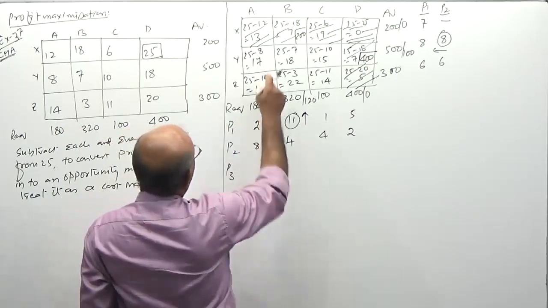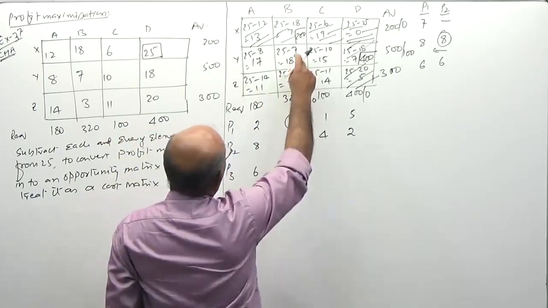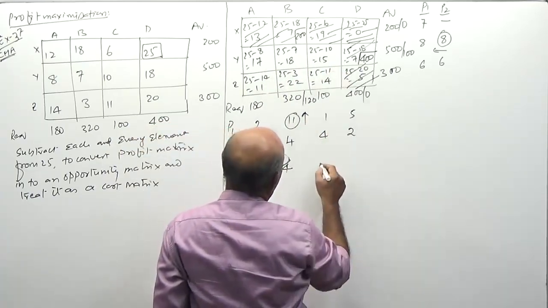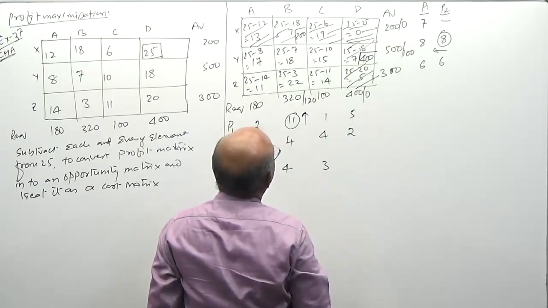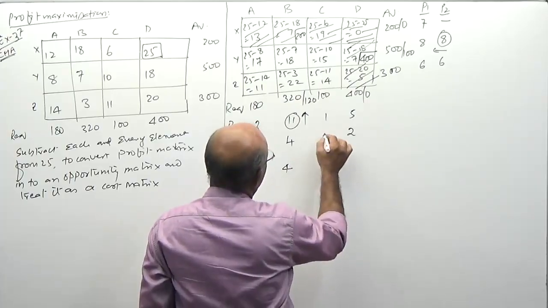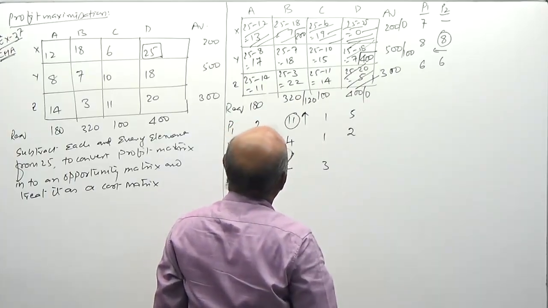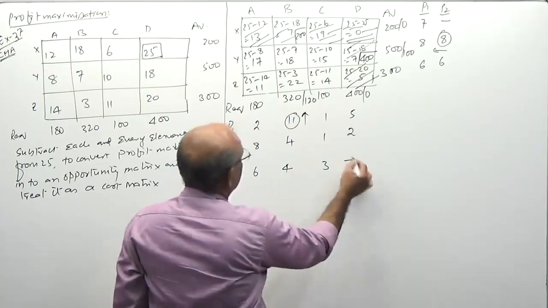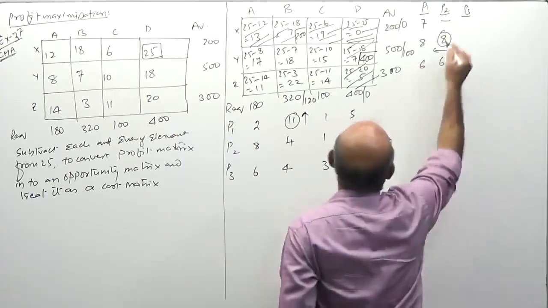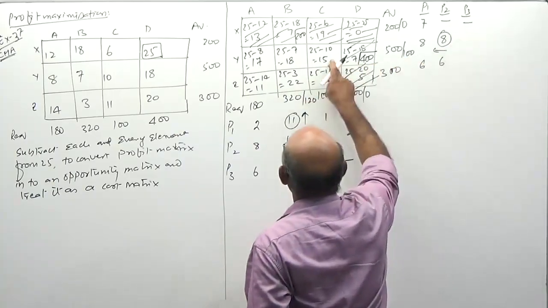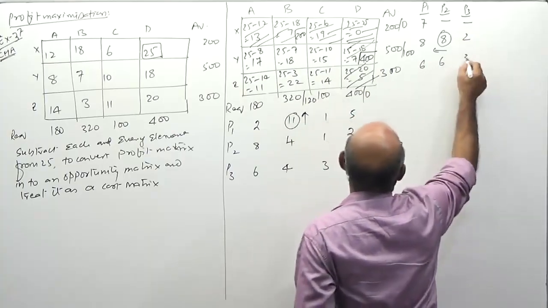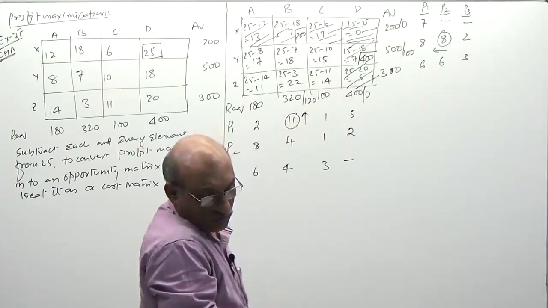Penalty 3. 11 minus 17 means 6. 18 minus 22 means 4. 14 minus 15, this is 1. Row wise: 15 and 17, 2. 11 and 14, 3.